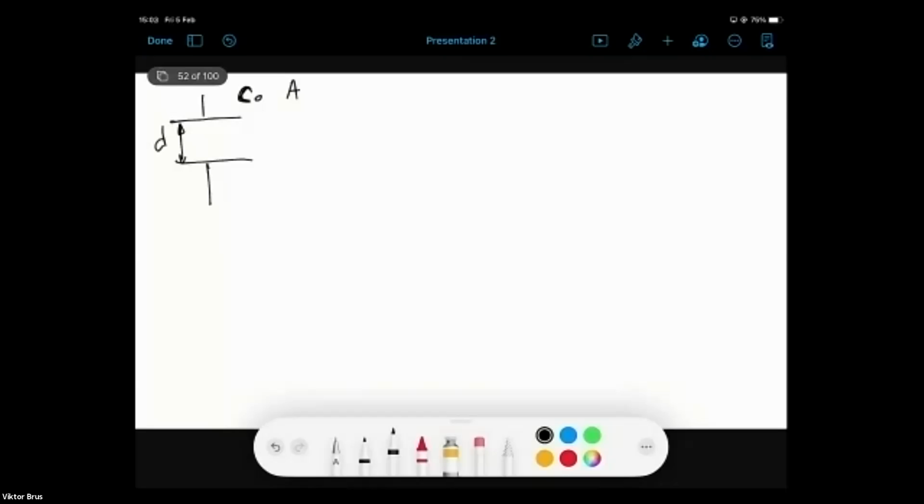So let us consider what is going to happen when we partially fill this capacitor with a dielectric, which is adjacent to one of the electrodes.